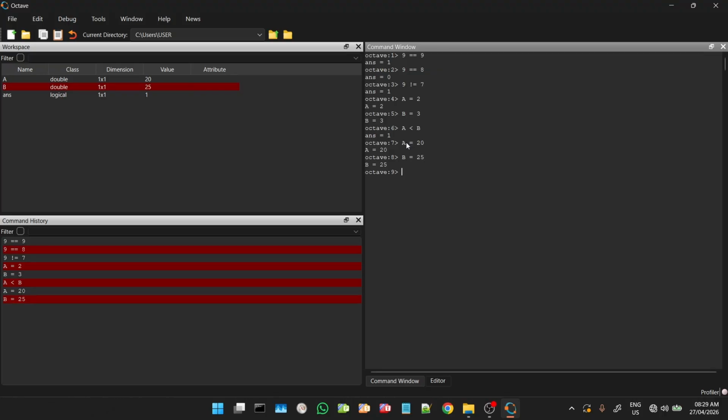We can say that if a is less than 30, and if you want an AND, that is the symbol you must use, double ampersand, b is greater than 20, so and so should happen. Right now the statement is true. The condition is true.